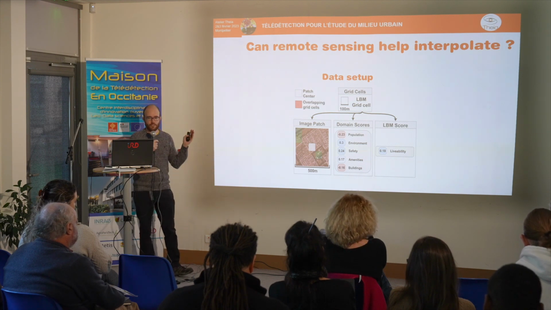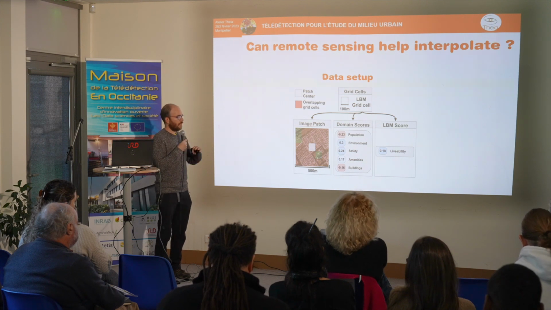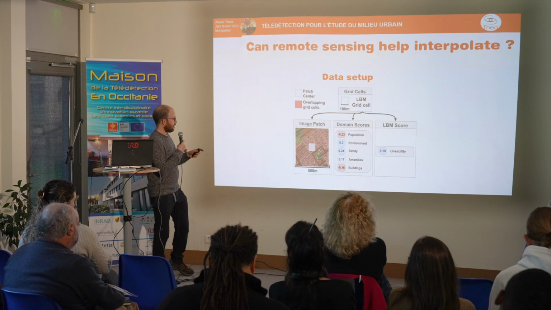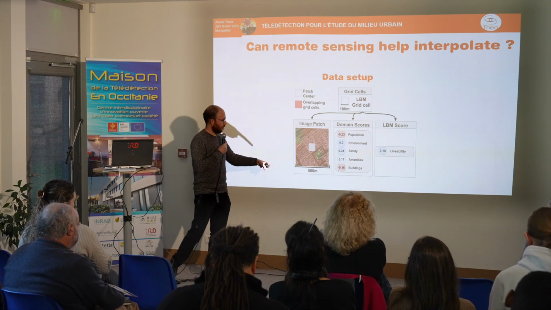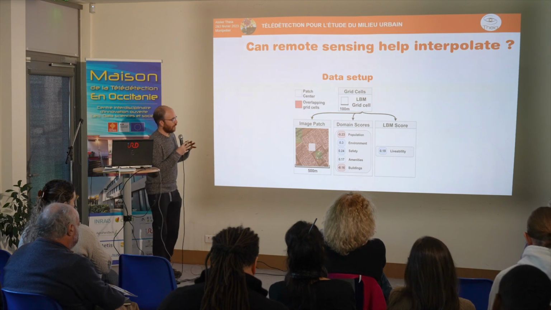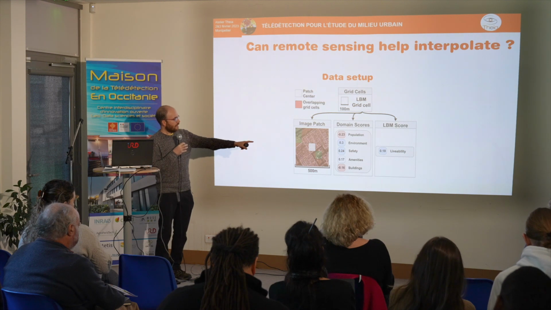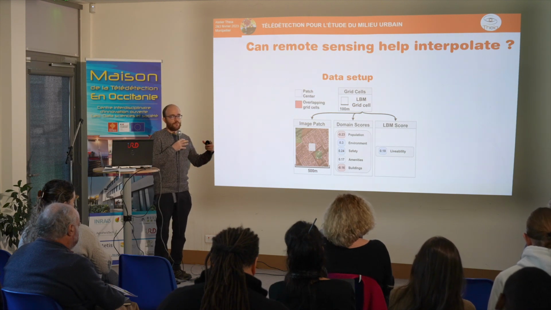The Dutch government also has, every 2 years again, flight campaigns where they basically take aerial imagery of the whole country. So we matched these 2 data sets together, taking image patches of 500 meters by 500 meters, because it's a compromise between the things that can be accounted for in these scores.